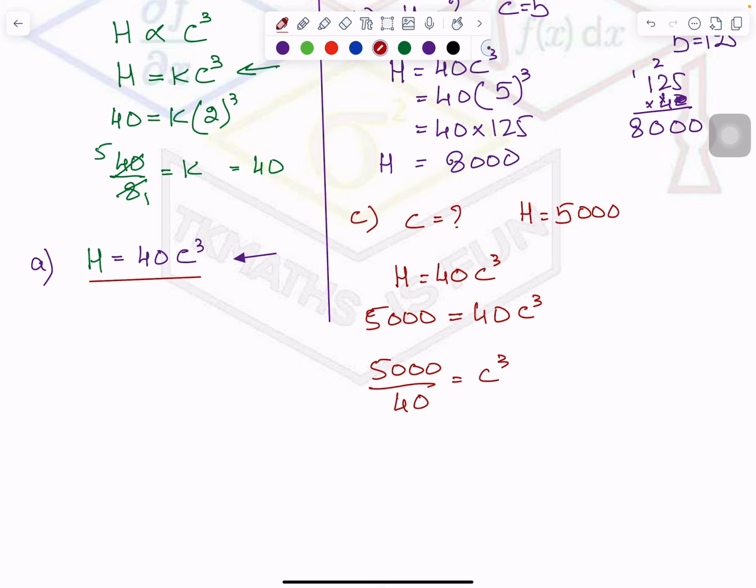So it will become what? 5,000 divided by 40, which is 500 divided by 4. 4 ones are 4, 1 will come here. 4 twos are 8, 2 will come here. 4 fives are 20. So you got here C cube is equal to 125.